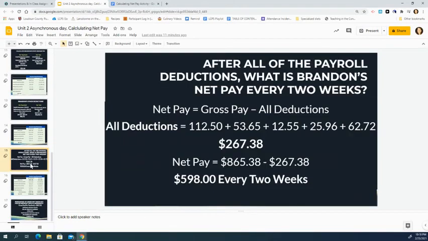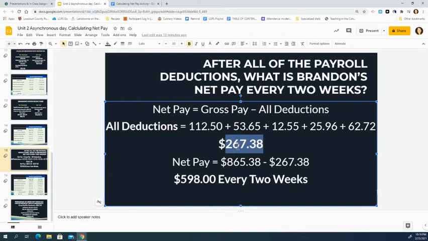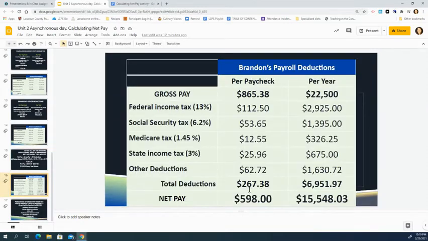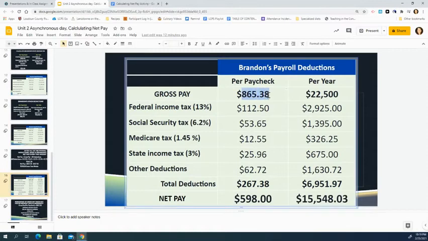Now we're going to go ahead and total that up to see what all of his deductions equal. $112.50 plus $53.65 plus $12.55 plus $25.96 plus $62.72 is a total deduction of $267.38.